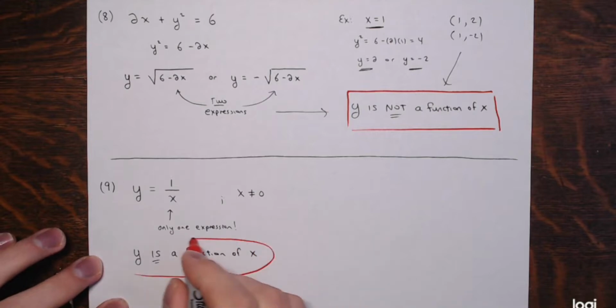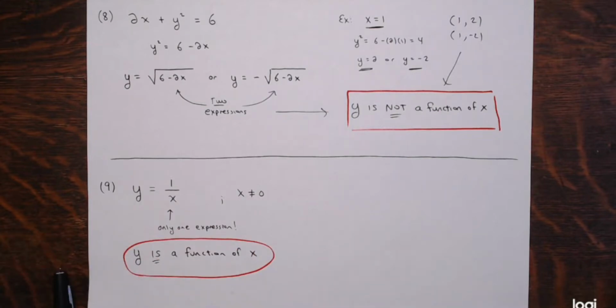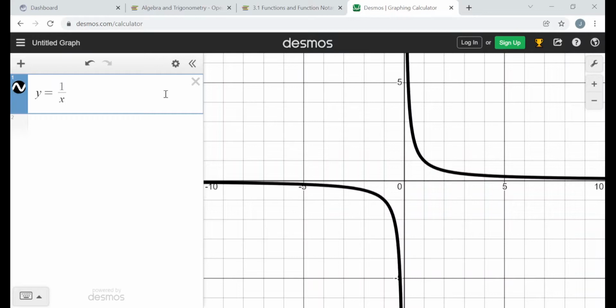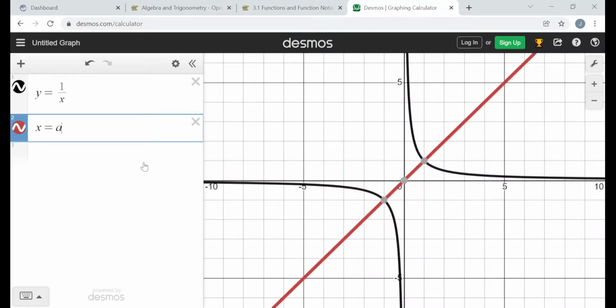All right, let me show you the graph of this one. I could do it by hand, but I'll just make a cleaner picture with the Desmos site here. Y equals 1 divided by x. Look at this black graph showing up, and look, no matter what x equals, I'll just add a slider.